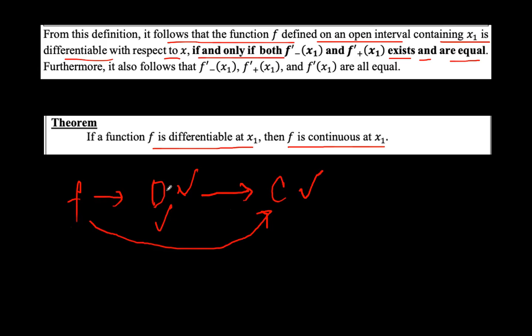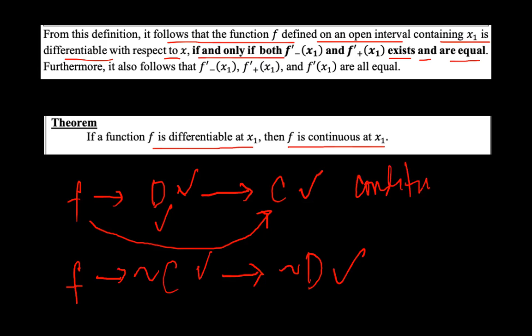Or we can use the contrapositive of the statement of the theorem. By converting the conditional statement to its contrapositive, we could say if f is not continuous, then it goes to show that the given function is not differentiable. All right, this is the conditional statement, and this is the contrapositive statement.